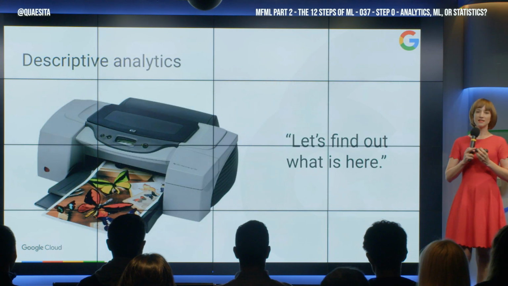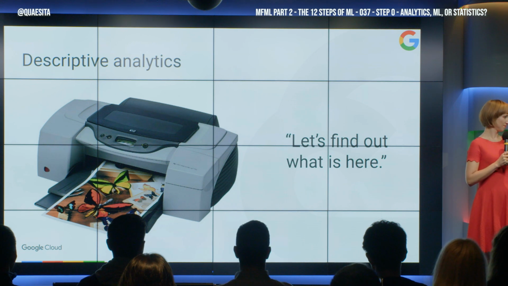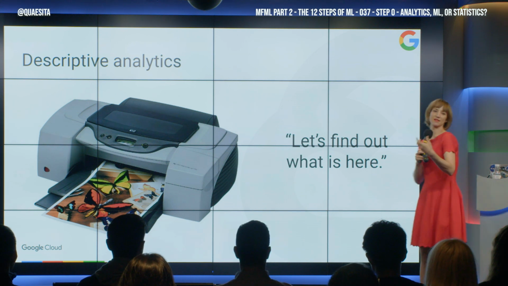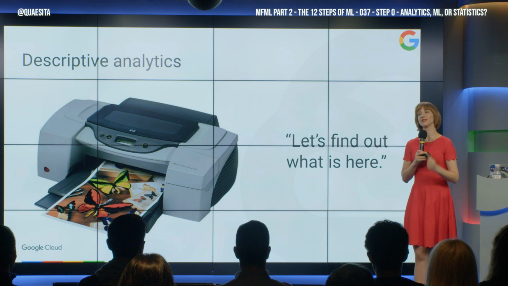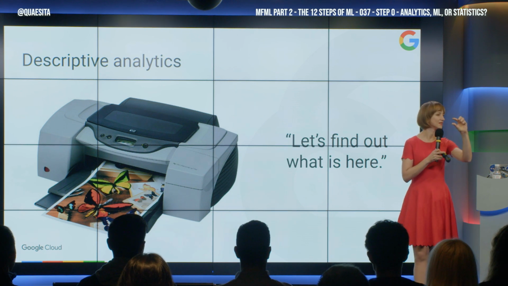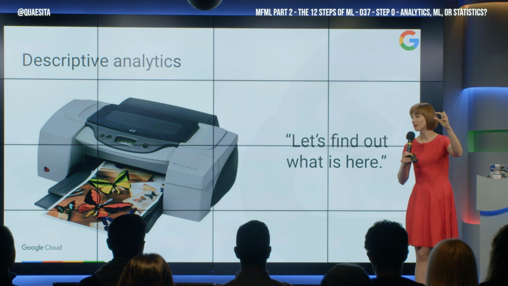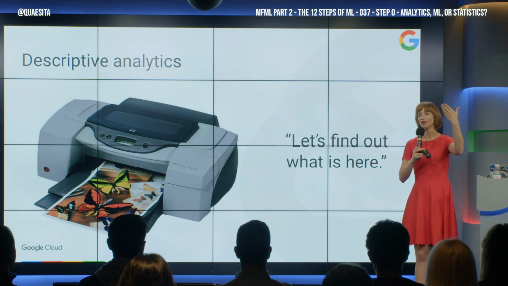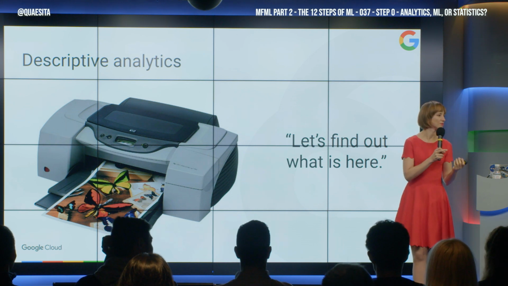So descriptive analytics in some sense is like a printer. Let's take this image and see what is here. It starts out as a thing on an SD card that we can't make any sense of, so we can't get inspired from it. Well, let's look at it and see if there's any inspiration.